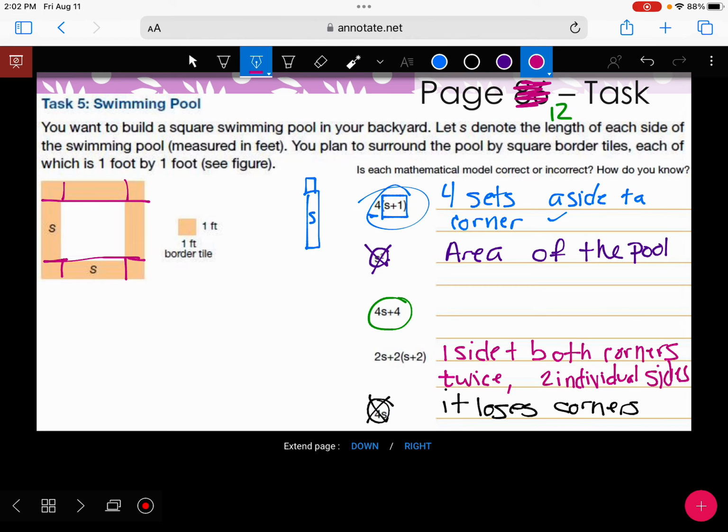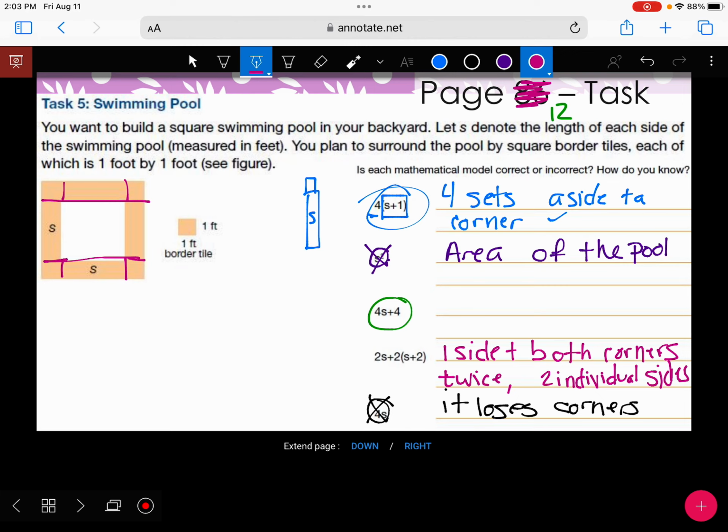Okay, so it's another example of there are so many different ways to arrange things. Because 4S plus 1, that totally worked. That was these guys, exclamation points. 4 S's plus 4, that worked.